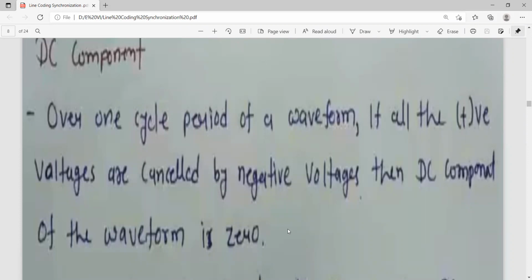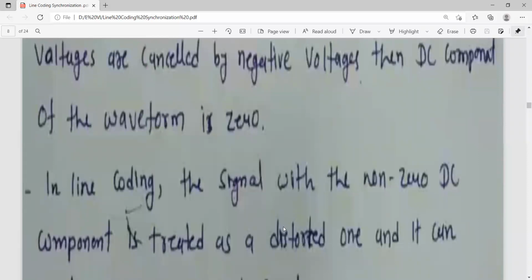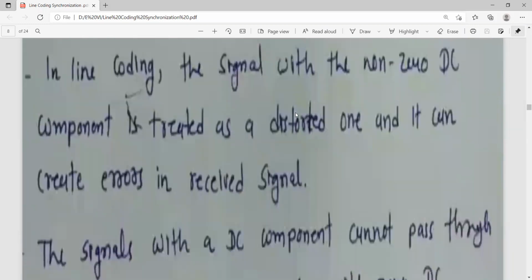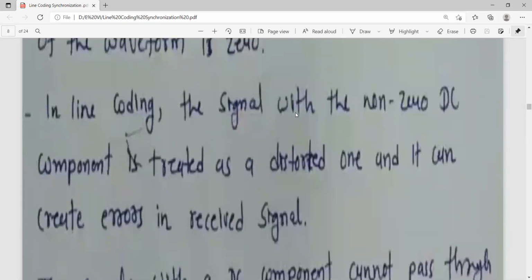Without separating them, all the positives and negatives will become zero. That is the center. There is no positive or negative voltage; it is passing through a zero line.